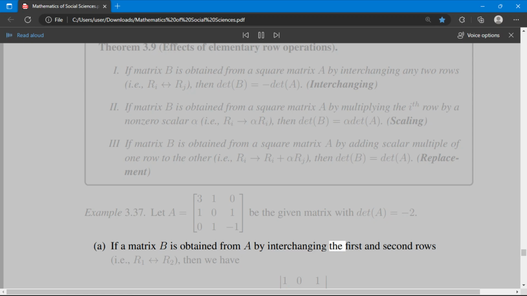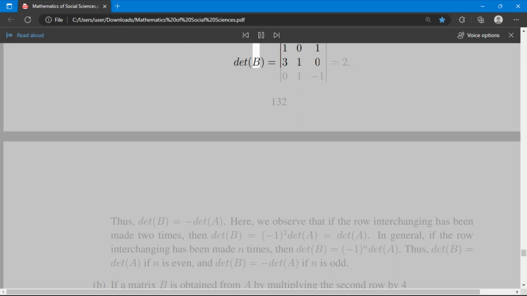A. If a matrix B is obtained from A by interchanging the first and second rows, i.e., R1 ↔ R2, then we have det B equals minus det A equals minus 2.